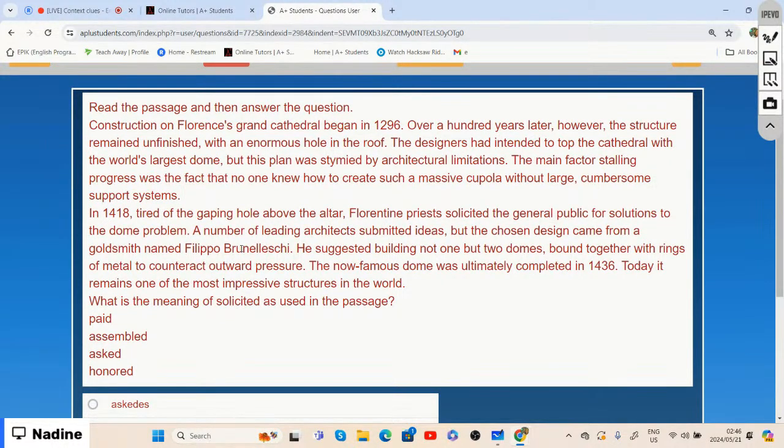It says, in 1418, tired of the gaping hole above the altar, Florentine priests solicited the general public for solutions to the dome's problem. Is it he paid the general public, he assembled, he asked, or he honored?